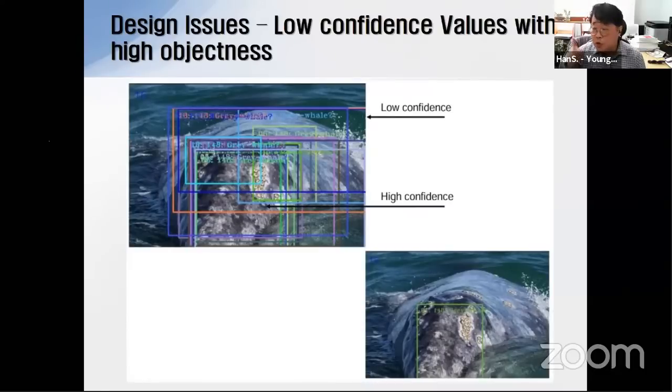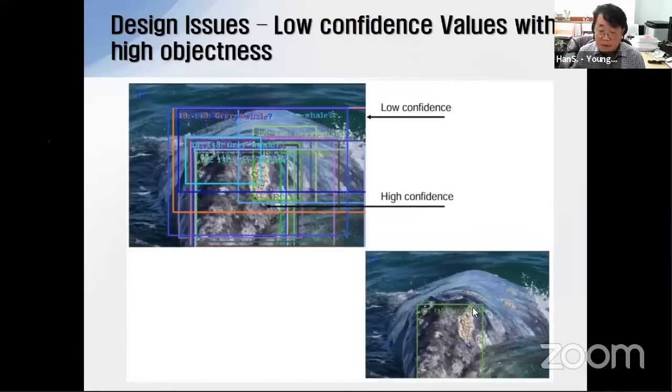We need to choose only one bounding box. How can we do that? We use non-maximal suppression. So we find the one bounding box that has a high confidence value.